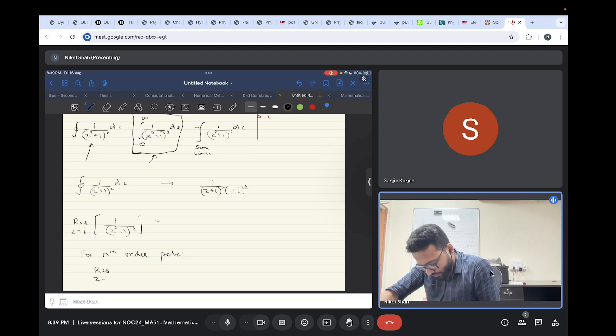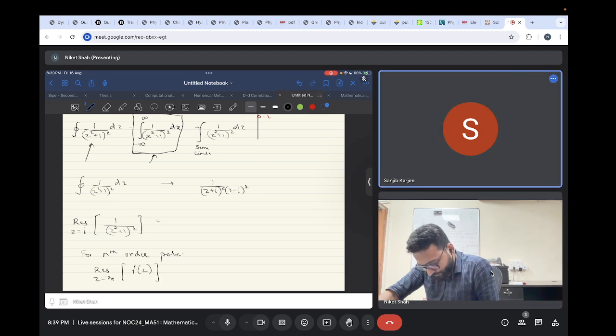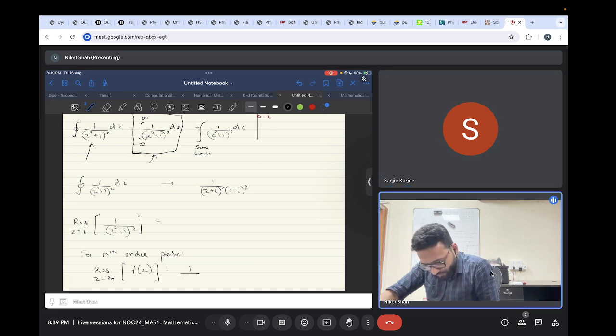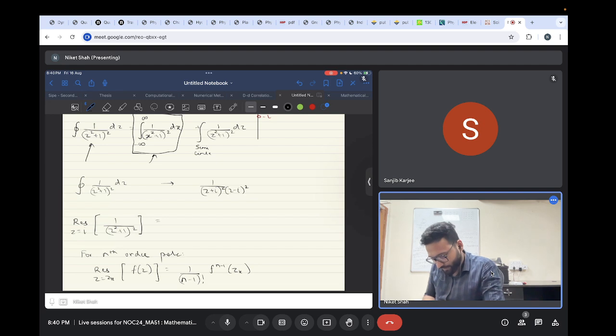Residue at z equal to zk of f of z was 1 divided by n minus 1 factorial, F of n minus 1 at zk. Tell me if this is correct or wrong, okay? Is this correct?